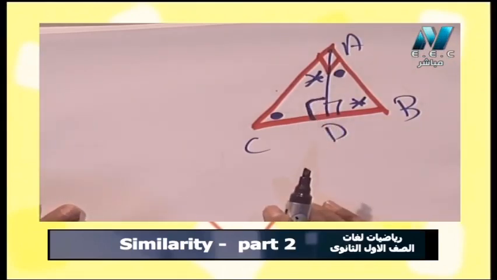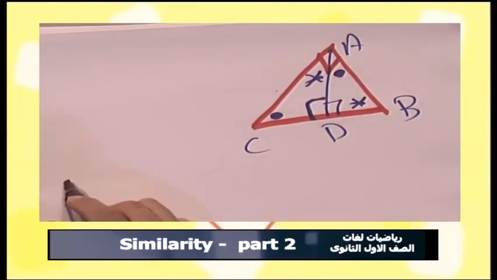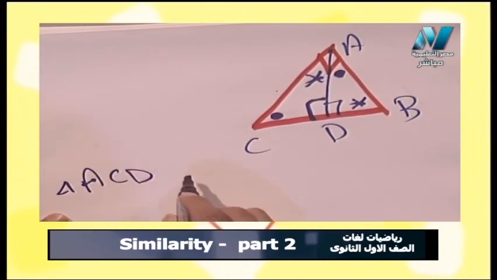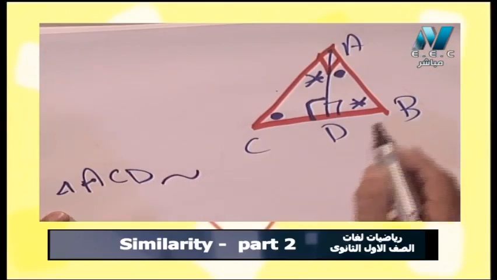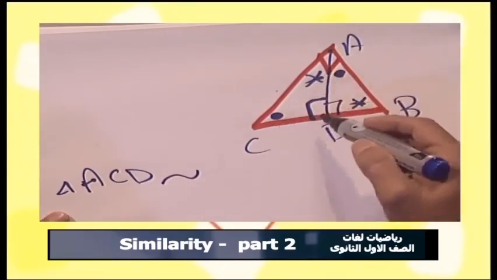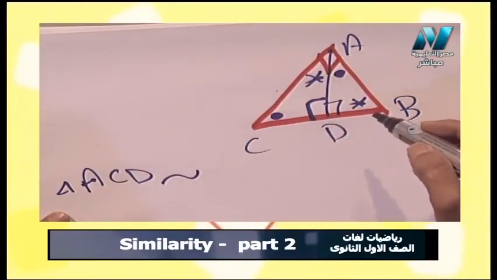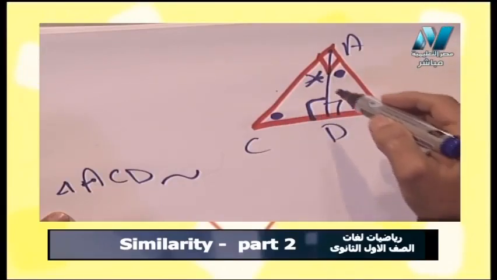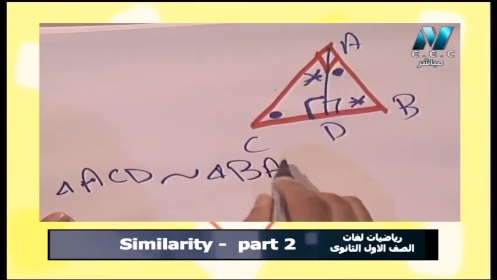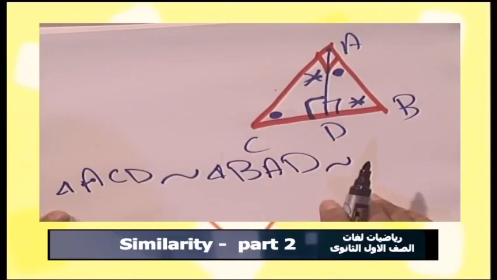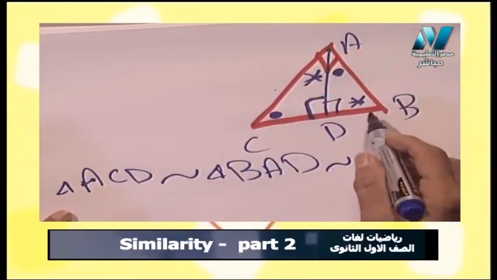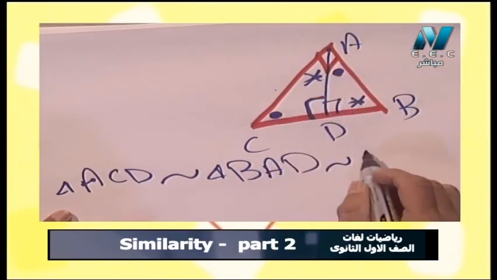So triangle ACD is similar to triangle BAD, which means star, dot, and right. So the similar triangle will be star, dot, and right, BAD. All of them are similar to the big triangle or the original one, which is BCA.